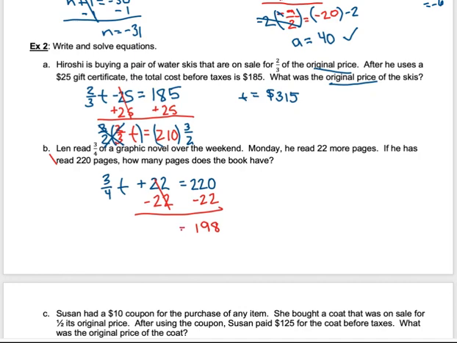Okay, so that equals 3/4 of the total. Now I can multiply by the reciprocal. And I get the total pages of the book is 264 pages.